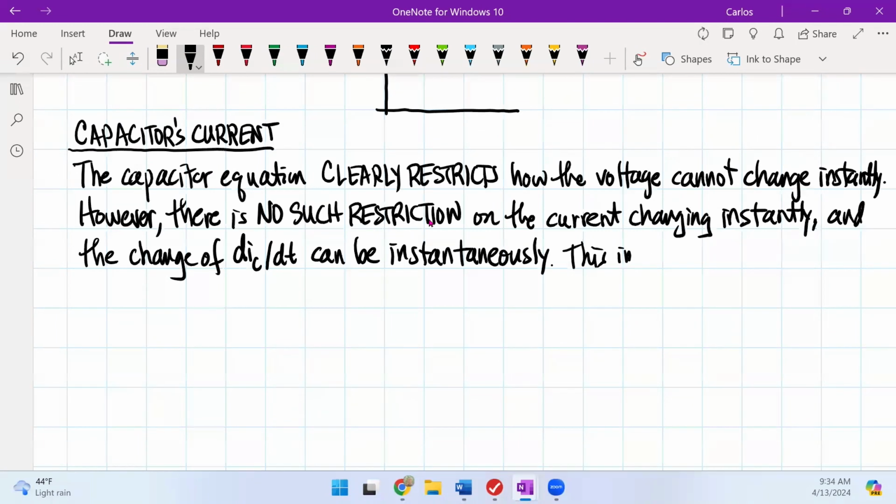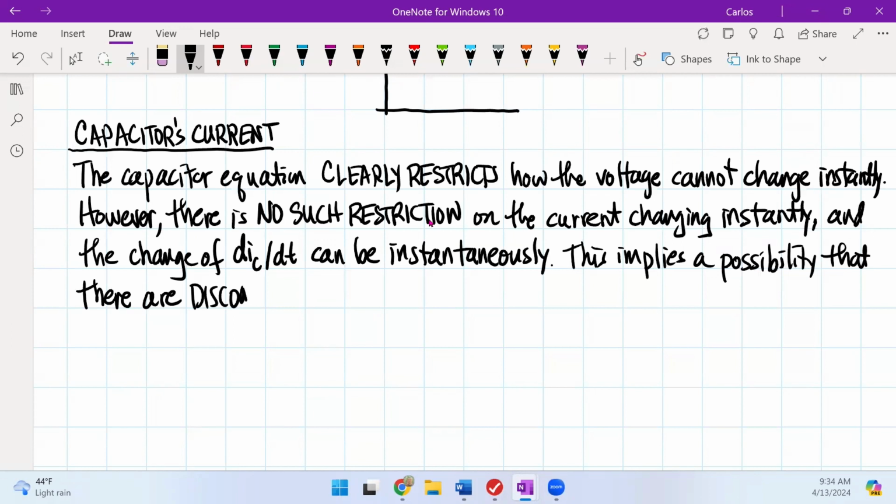This implies a possibility that there are discontinuities in the current.